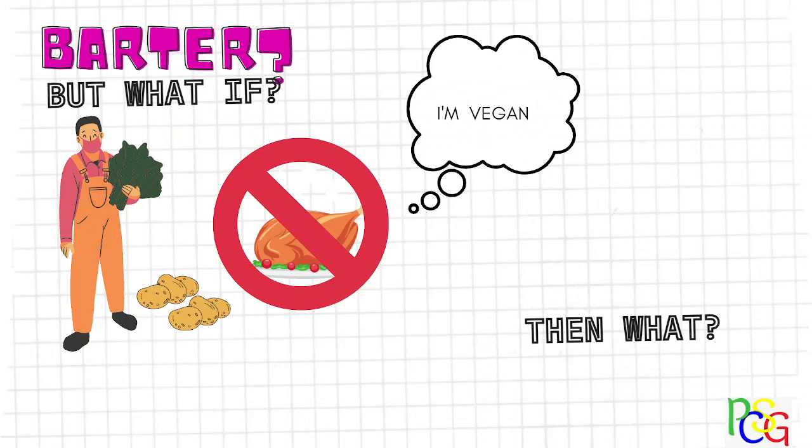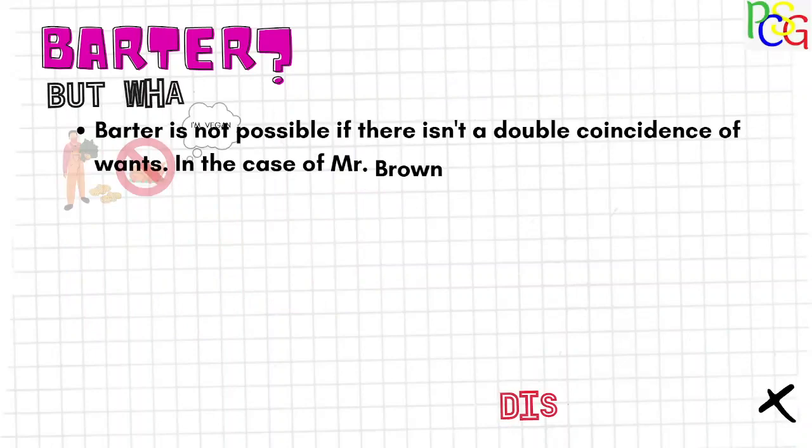Okay, so what if Mr. Brown was vegan and I brought a chicken in hopes of getting some potatoes from him? Then what? Can we still barter? I think not. And this leads to the disadvantages.